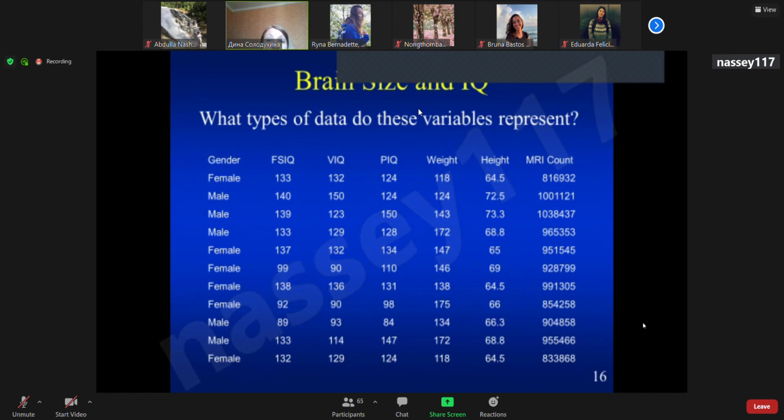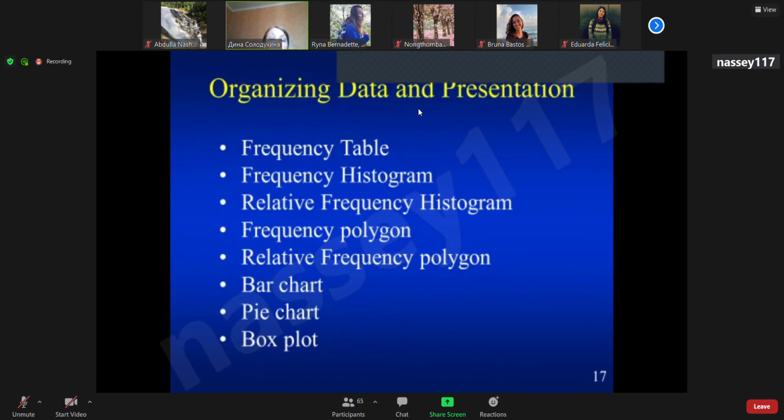So when we present the data, usually you have a lot of parameters, like here, this is a typical statistical data set. When you have a lot of parameters, some of them are numerical, some of them are qualitative, and usually we organize and present data by frequency tables and different kinds of graphs, to which we will come a bit later.